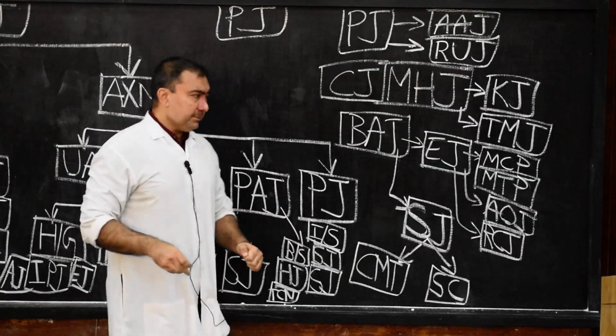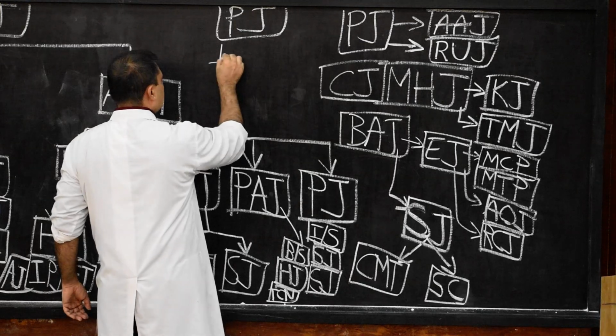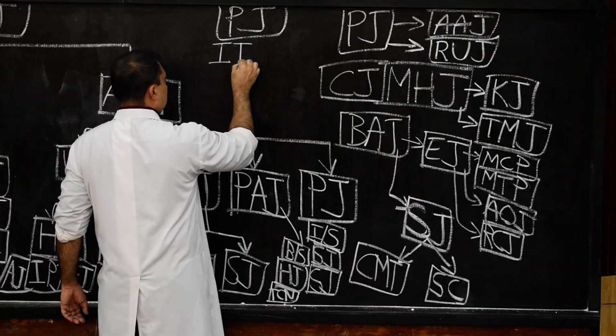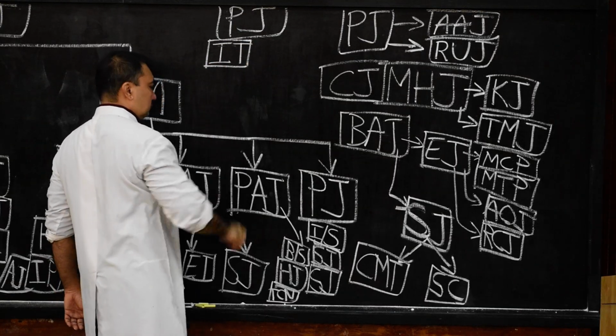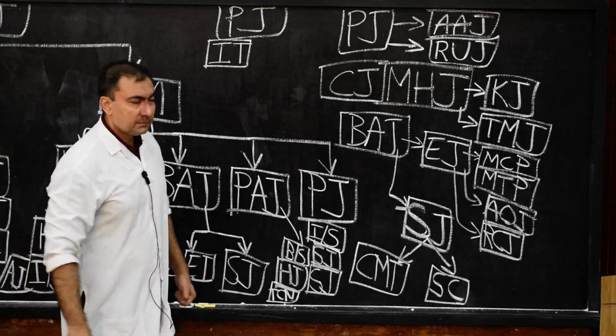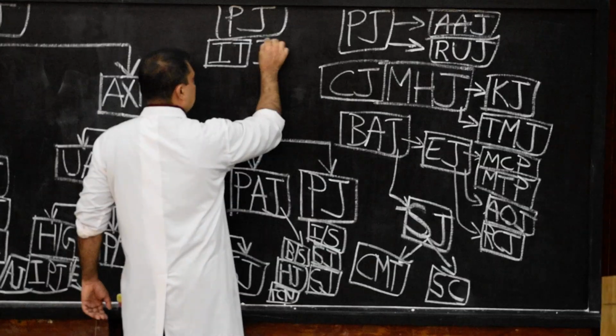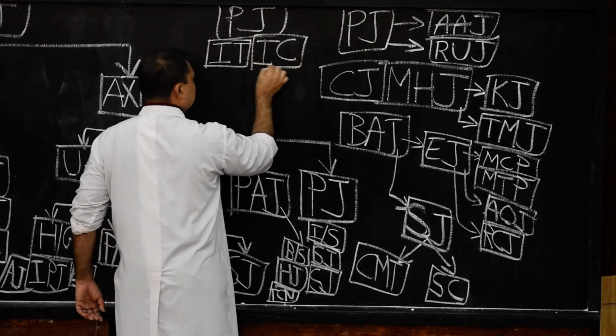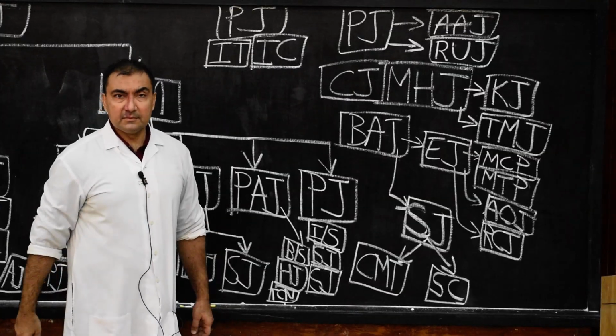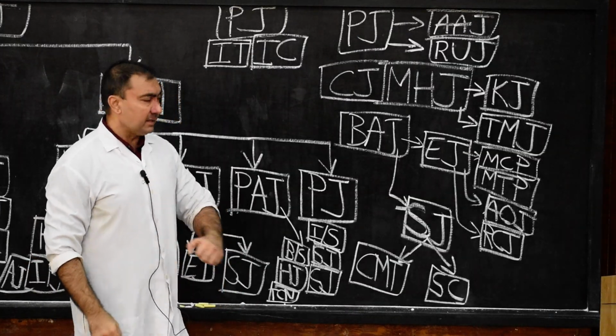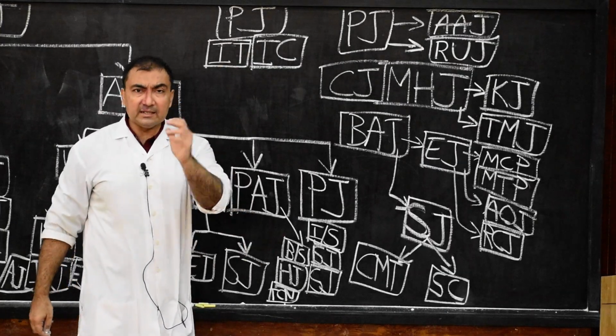Very strong examples are the intertarsal joints present in the foot, and intercarpal joints present in the hand, the joints between the various carpal bones in the hand, and the joints between the various tarsal bones in the feet.